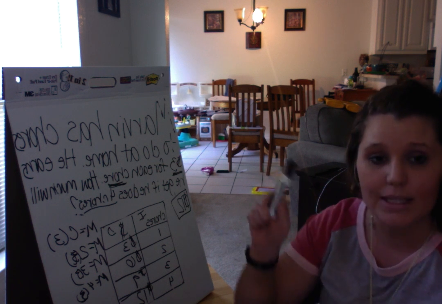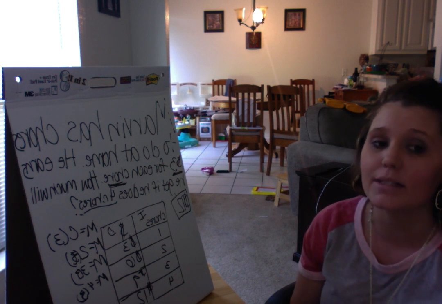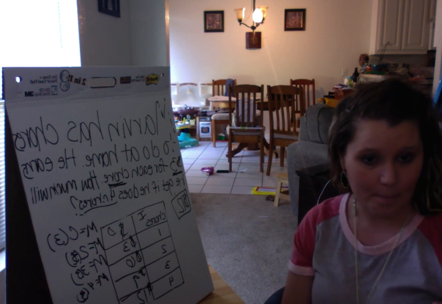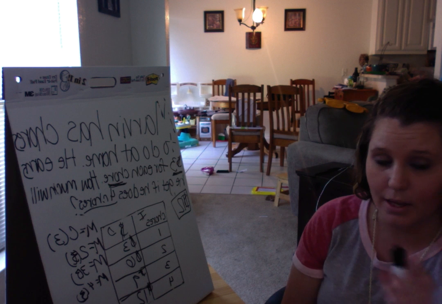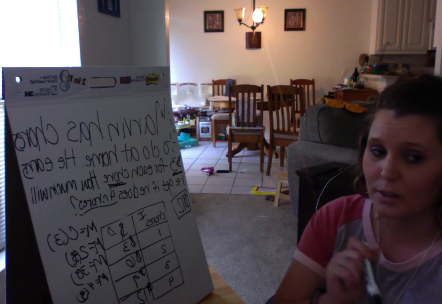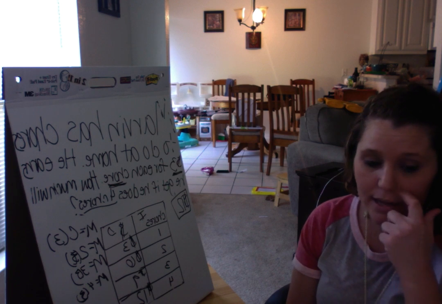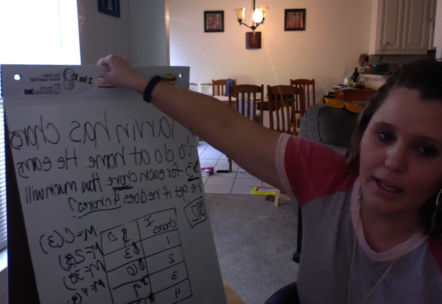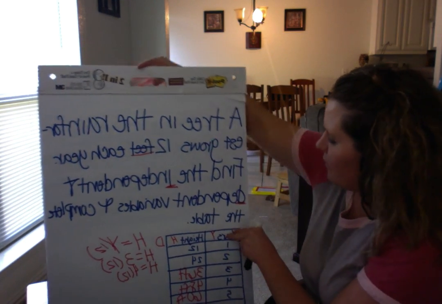You can use independent and dependent variables to figure out all kinds of things, okay? Like money. I like money. But you guys like to make some money too, right? Just like Marvin made money here. This is a real life situation. So let's do another real life situation to see how we can use independent and dependent variables.